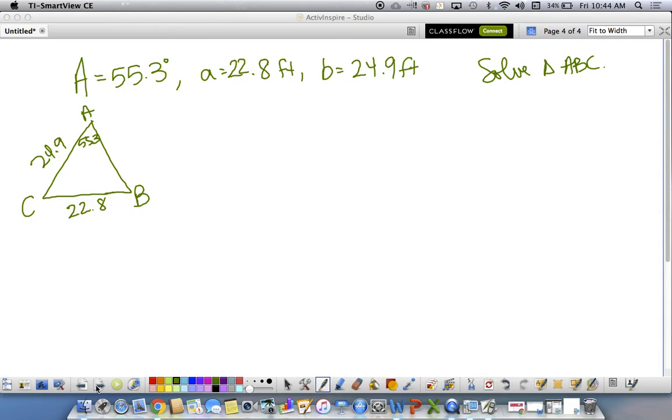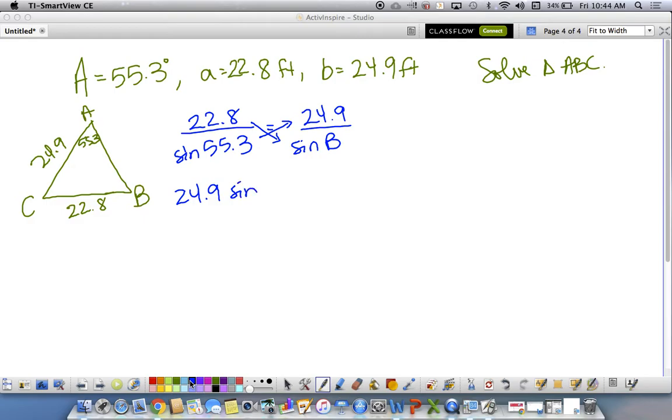Okay? Still setting up the law of sines. So I have 22.8 over sine 55.3 equals 24.9 over sine B. Cross multiplying, I have 24.9 sine 55.3 equals 22.8 sine B. Dividing by 22.8, these cancel.